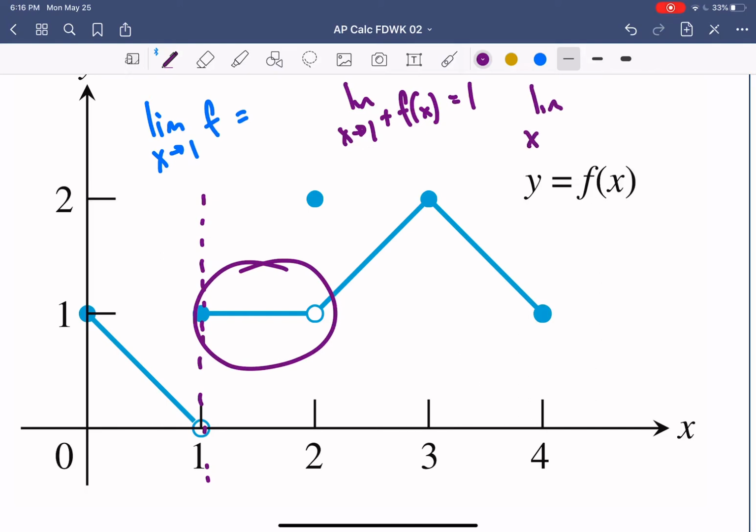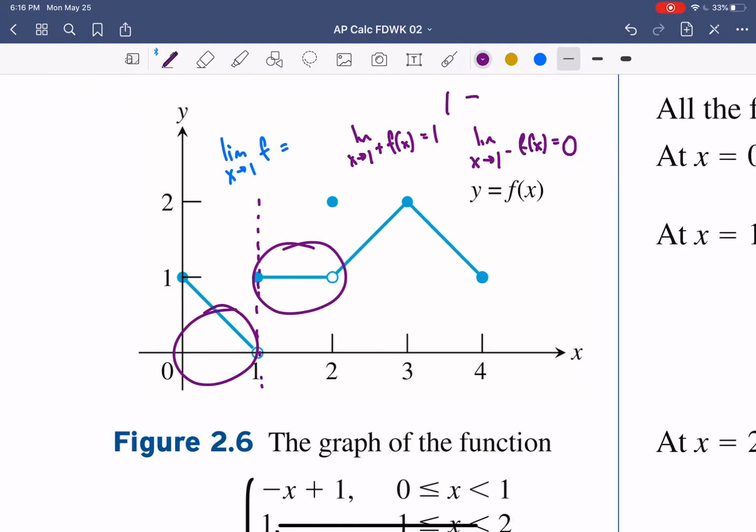The limit as x approaches 1 from the left of f of x. And now we look at the left, and as we get closer and closer to that vertical line, our y value is getting closer and closer to 0. So here we have two limits, one on the left, one on the right, but they're not the same, right? 1 is not equal to 0. So our limit as x approaches 1 does not exist.